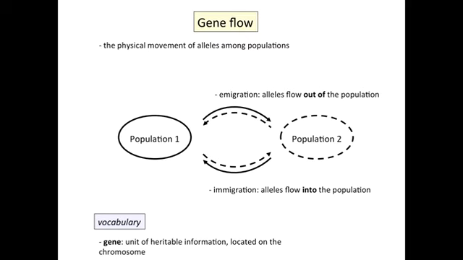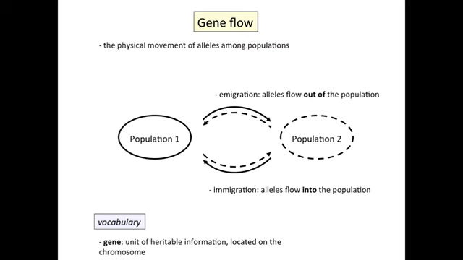It's the physical movement of alleles among populations. So in this diagram, you can see we have one population over here on the left of the slide. On the right, we have another population. And when individuals, organisms, move from one population to the other, they bring their alleles with them, and that affects the frequency of those alleles in the population.